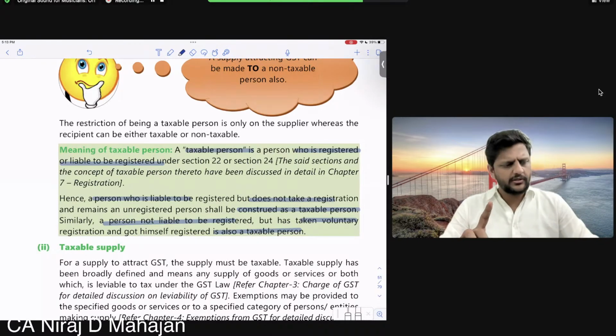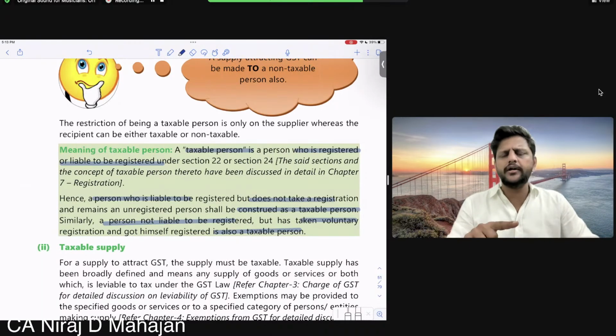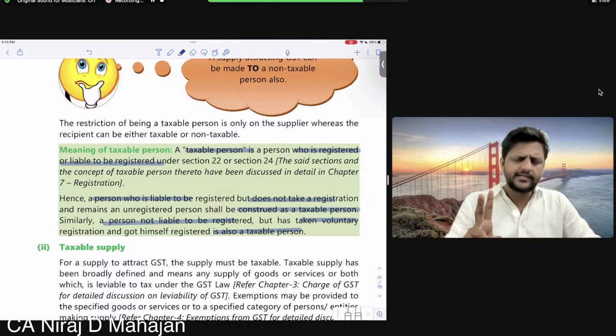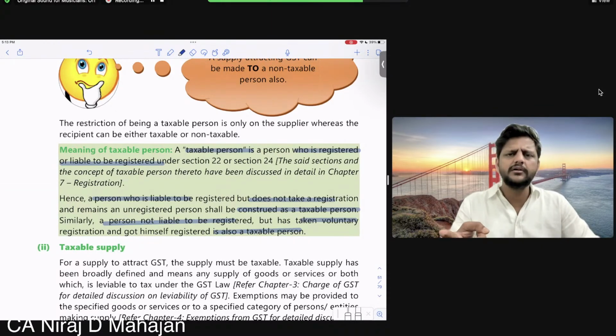So pay attention. A person who is liable to be registered but has not yet taken registration, we still call him a taxable person. And secondly, who was not liable to be registered but has voluntarily taken it, now he is registered, so we also call him a taxable person.